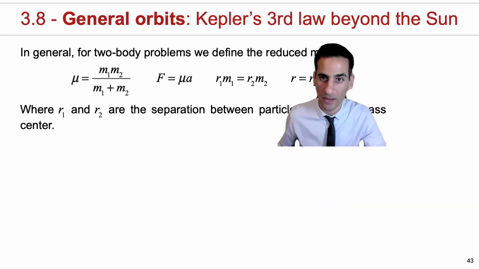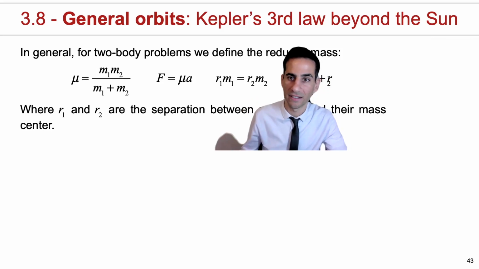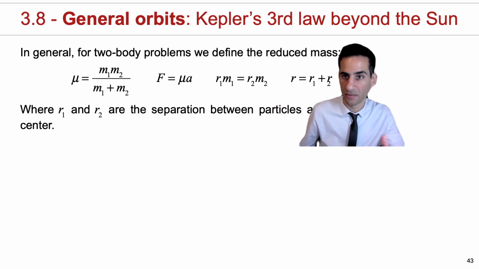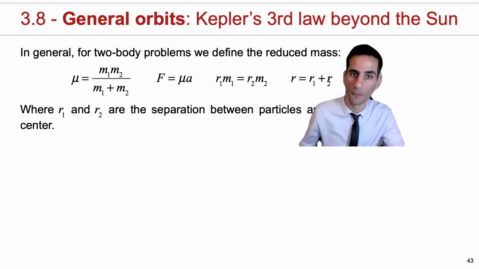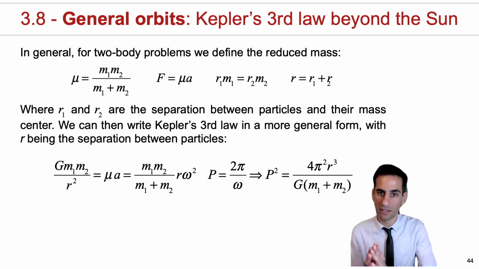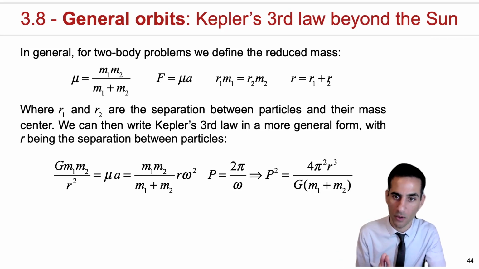And sometimes one of these masses is going to be so big that essentially one of the distances becomes r, and you can eliminate either r1 or r2. And with this definition, you can actually write Kepler's third law in a much more general way.